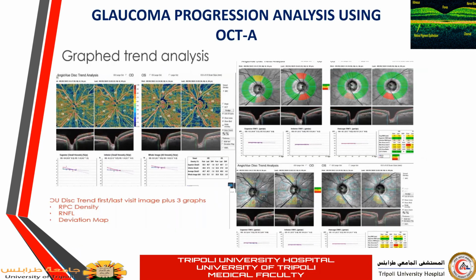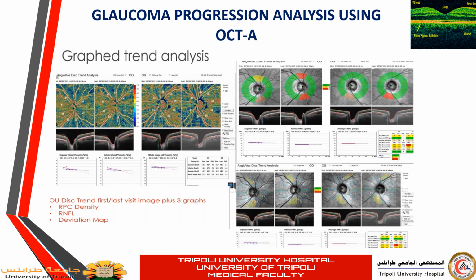In this slide, I just want to emphasize the importance of OCT angio in following a patient with glaucoma, especially in moderate to severe cases in which the structural OCT is no longer helpful in the follow-up. So we can do a trend analysis and event analysis using OCT angio, using different serial maps.